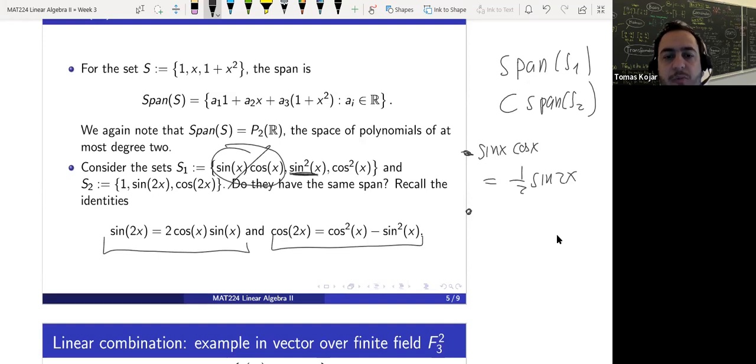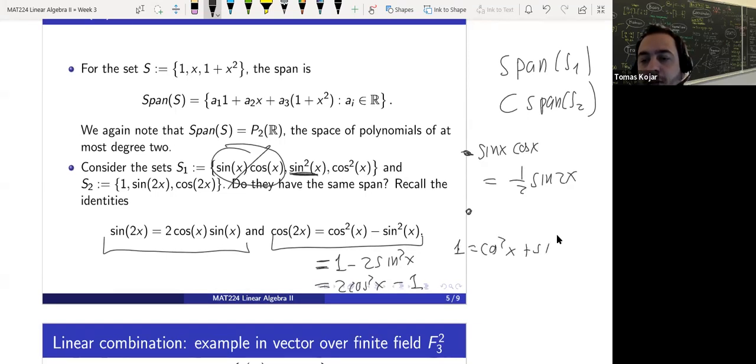Second guy, sine squared 2x. So now I have to remember my identities. Basically this is 1 minus 2 sine squared x and also 2 cosine squared x minus 1, where I use the identity 1 is equal to cosine squared x plus sine squared x.